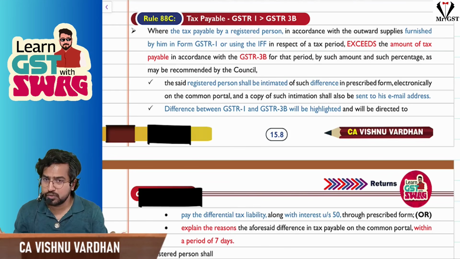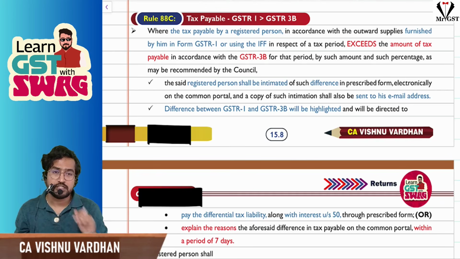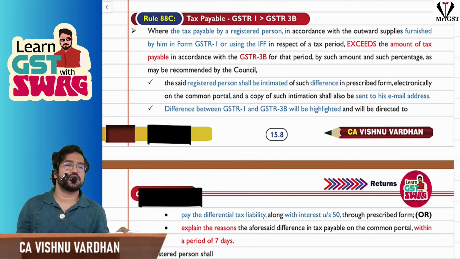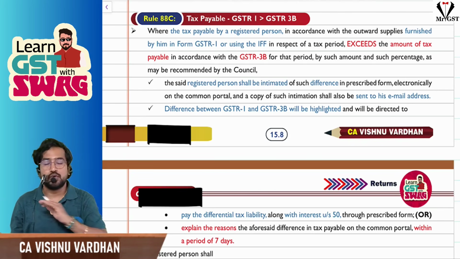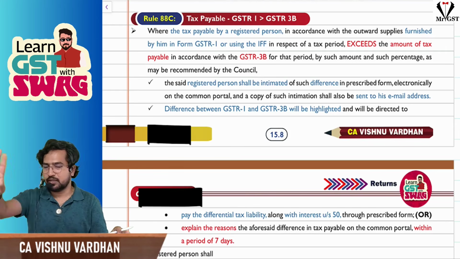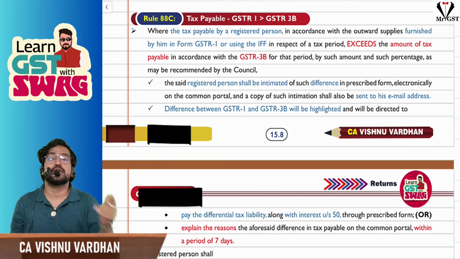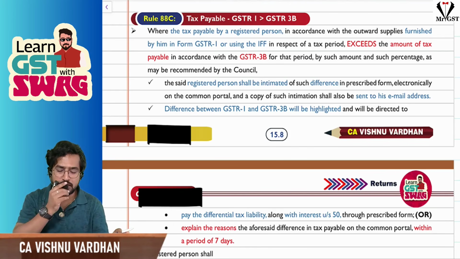Or, sir, I have an explanation. Give the explanation. If it is satisfactory, the notice will be dropped. If it is not satisfactory, recovery will start. But if you don't do anything, either you are not paying and giving a slip or not replying at all, then GSTR 1 will be blocked. Next month, GSTR 1 or IFF return filing is blocked.